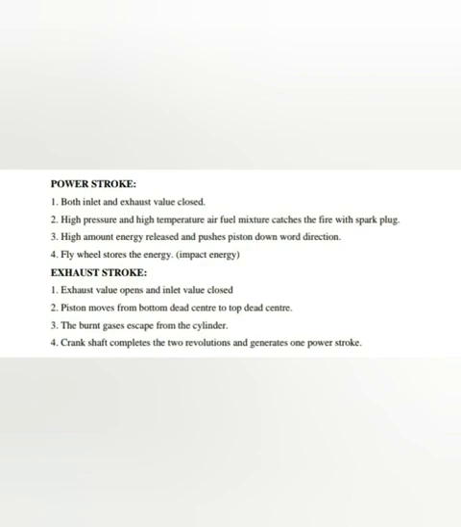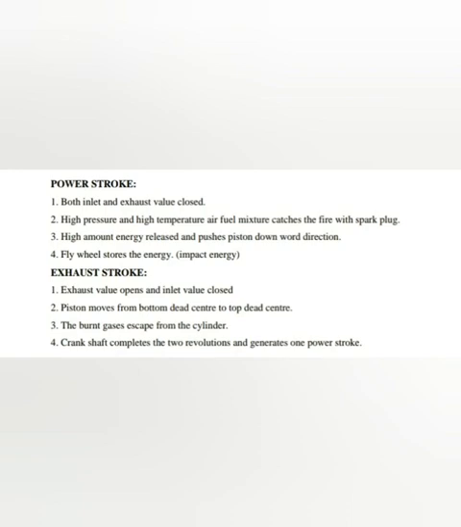This drop in pressure at constant volume inside the cylinder is represented by the line 5 to 2 on the PV diagram. The exhaust stroke begins when the piston starts moving from the BDC to TDC. The energy for this stroke is supplied by the flywheel, which it had absorbed in the previous stroke.